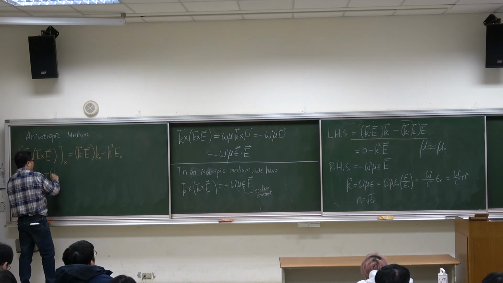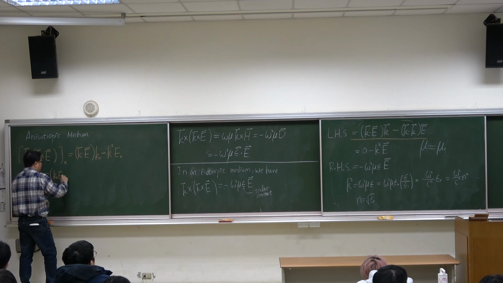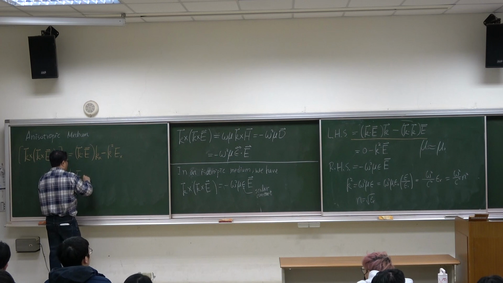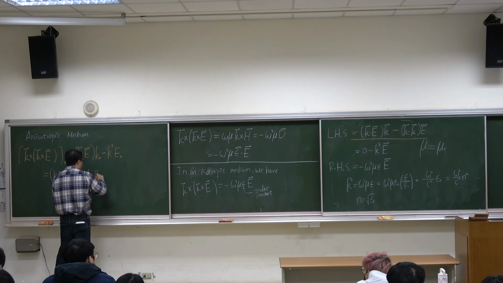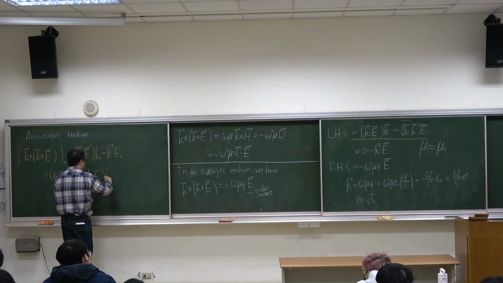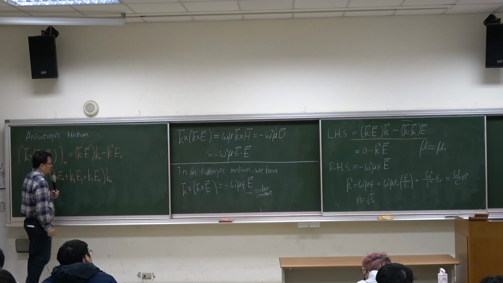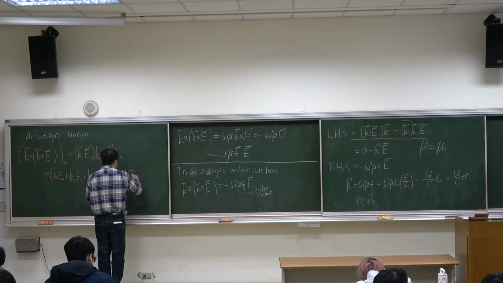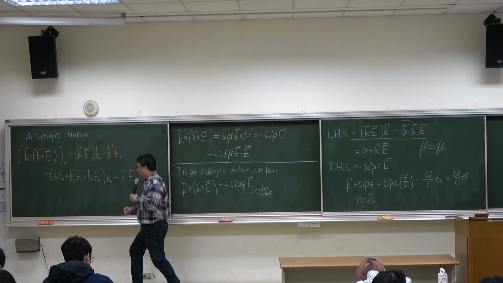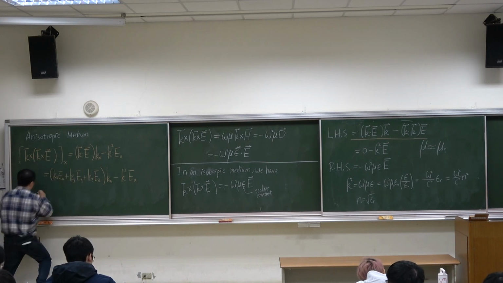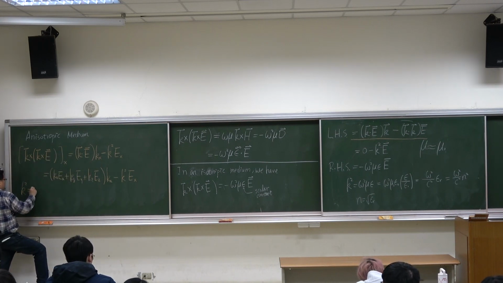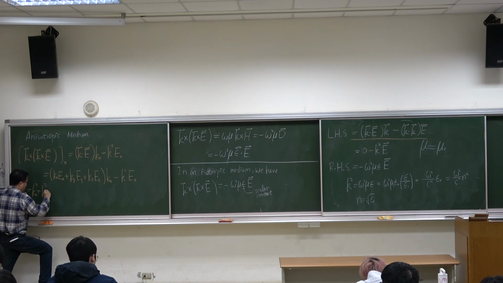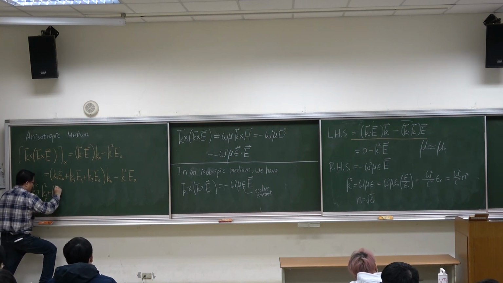This is equal to Kx Ex plus Ky Ey plus Kz Ez times Kx, minus k squared times Ex. Here k squared means kx squared plus ky squared plus kz squared, okay?